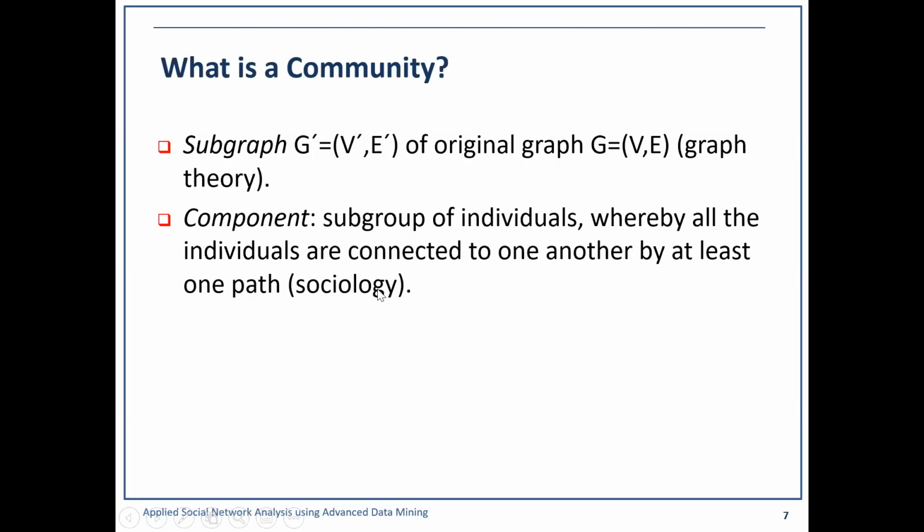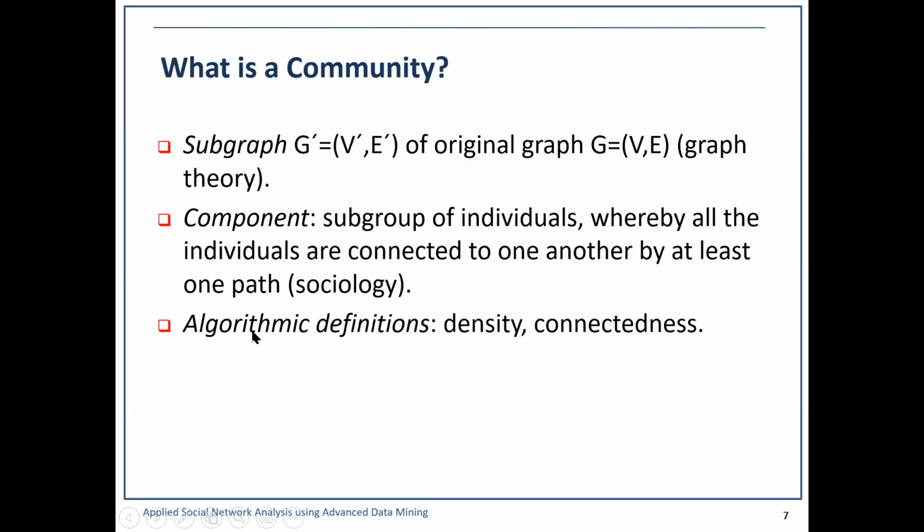Okay. In sociology, okay, that's the definition in mathematics. In sociology, we have components, as some of you said before, a subgroup of individuals whereby all the individuals are connected. So here we have the connectedness. That's an important notion in sociology. We need a component with connected nodes, connected individuals, in order to establish a community.